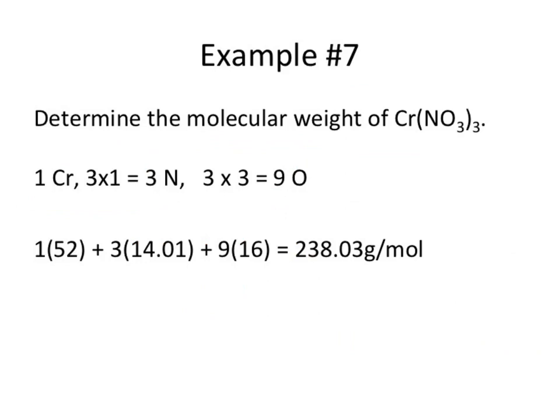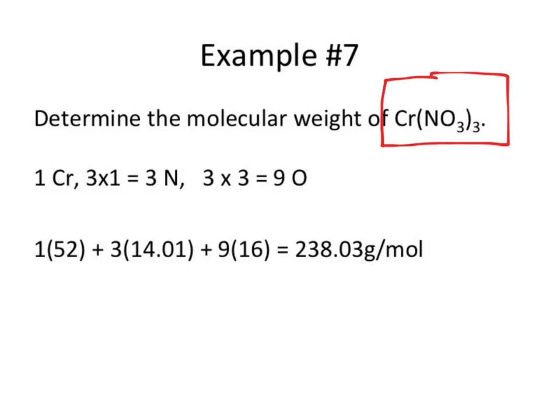All right, sometimes you're going to see something like this, where you have a compound, and what's different with this compound is we have parentheses, and then we have an additional subscript. What we need to do with that additional subscript is distribute it out to everything within the parentheses.